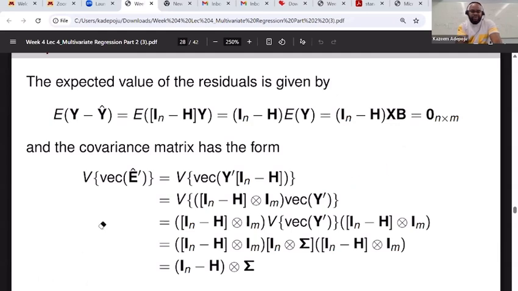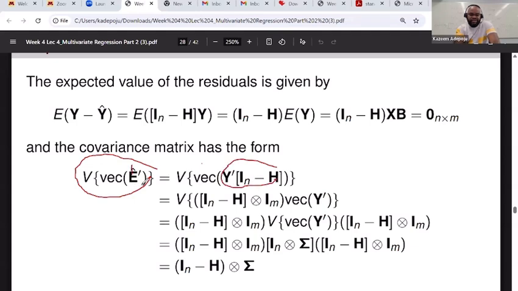Now, we also need to derive the covariance. So the covariance, the variance of the vector, the transpose of the estimated error, that is the residual. So this is actually what you see here.